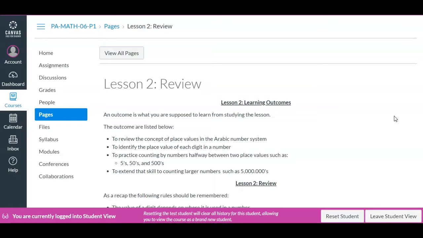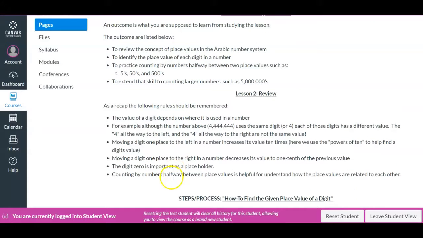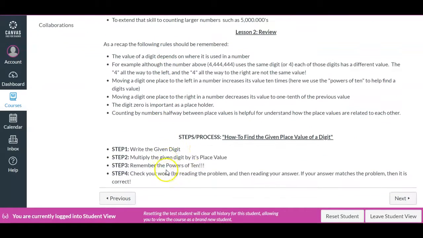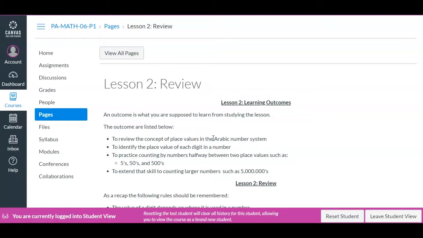But if you're not sure about how to perform a particular operation, or if you don't quite remember the lessons in that particular lesson, when you come to those review exercises, you simply visit the review, read the learning objectives, what you're supposed to learn out of that, and then the actual points to help you with any steps. Okay? So let's go ahead and get started with the lesson 2 review.